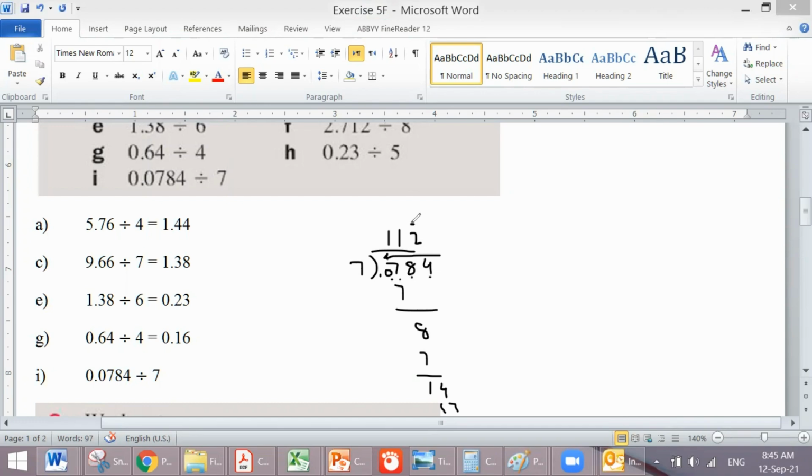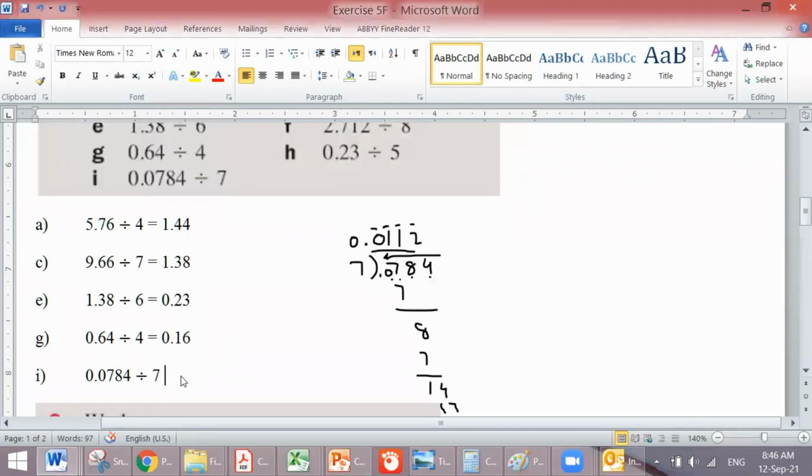So you will count from right, 1, 2, 3, and now I will add 0 here because I have to make 4 values here. Then I will put the decimal point, and then I will put 0 one more time, so that my answer will be good. And this answer will be 0.0112.